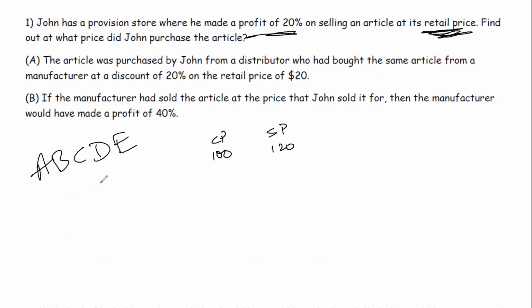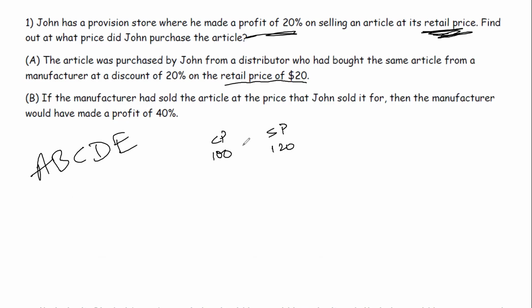Statement A: the article was purchased by John from a distributor who had bought the same article from a manufacturer at a discount of 20% on the retail price of $20. So this retail price is the same retail price. It is not a different retail price.